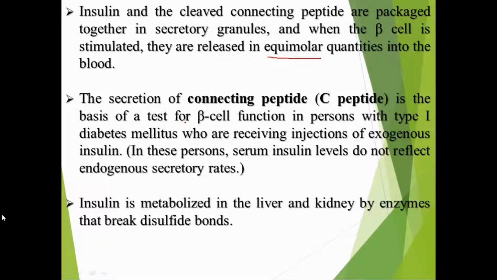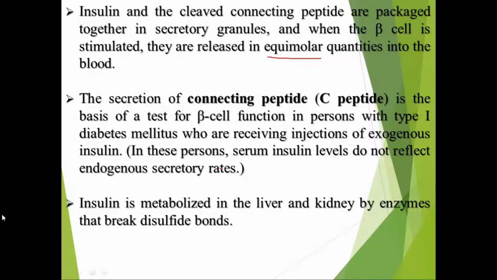You have to remember that there is a pre-pro insulin. If you remember those key points, then you can correlate things. From pre-pro insulin, proinsulin, and then the proinsulin goes to the endoplasmic reticulum, then the secretory granules in the Golgi apparatus, and then insulin is yielded, and the connecting C peptide is there.